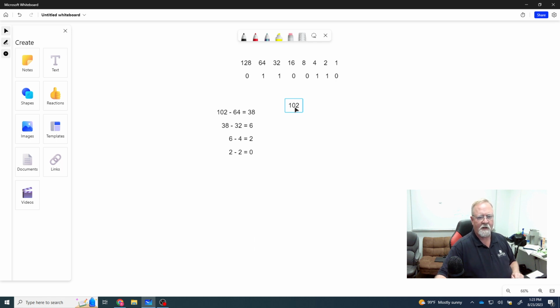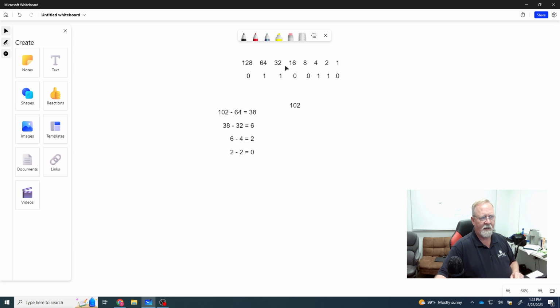So that should be a pretty good starter on how to convert from decimal to binary. You just have to find the place up here to start with that's just smaller than your starting number. You put a 1 under that, anything in front gets a 0. You subtract, you take whatever's left, and you find the next number that's just smaller. You put a 1 under that.